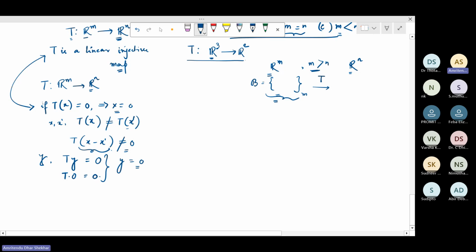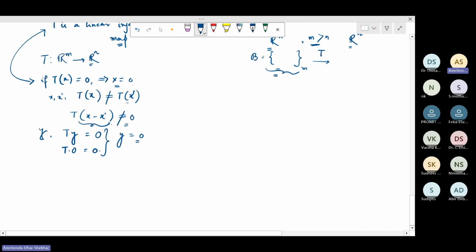Okay. Alternatively, if this criterion is true, that T of y equals 0 implies y is equal to 0, then it implies that it is a linear injective map. Why?